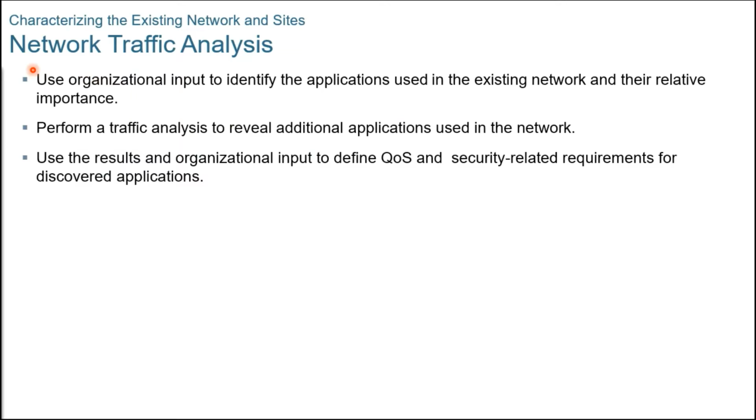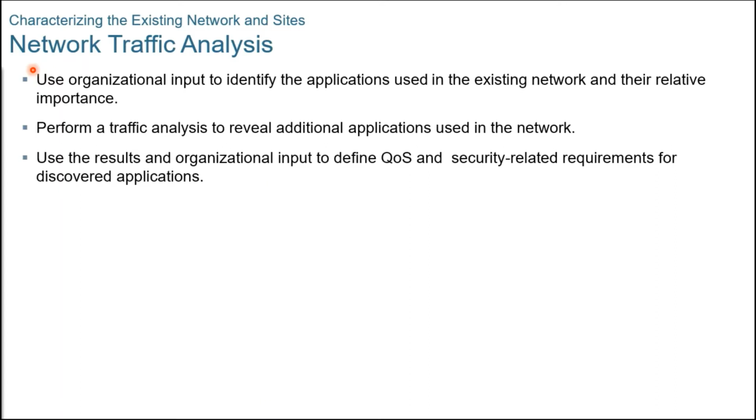Network traffic analysis: analyzing network traffic and applications. Traffic analysis is the third step in characterizing a network. Traffic analysis verifies the set of applications and protocols used in the network and determines the applications' traffic patterns. It might reveal any additional applications or protocols running on the network.